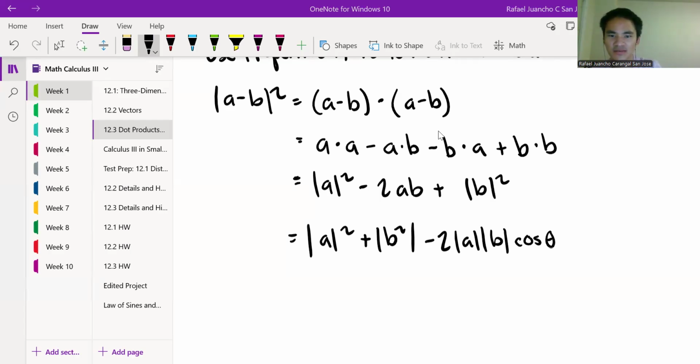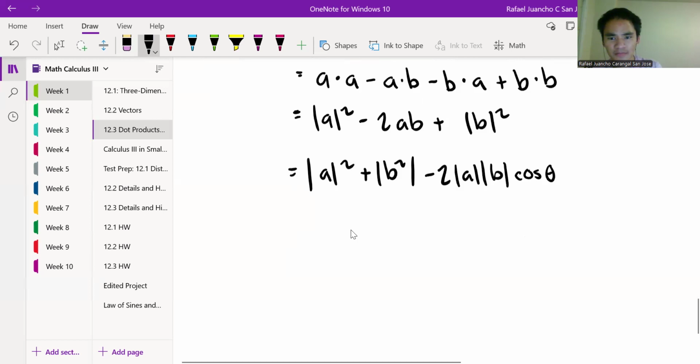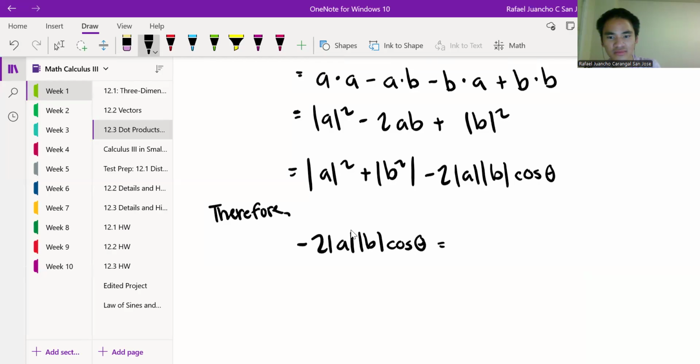And so what does this mean? Well, this means that this thing is basically the same as this thing. And we can just get rid of the negative 2.